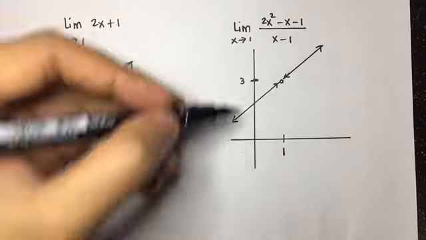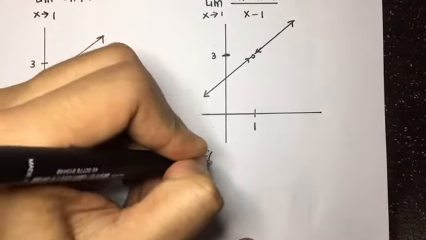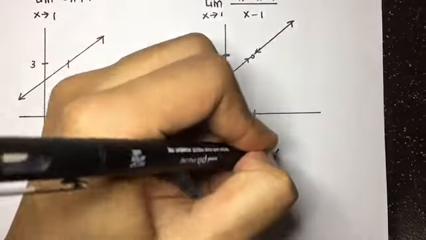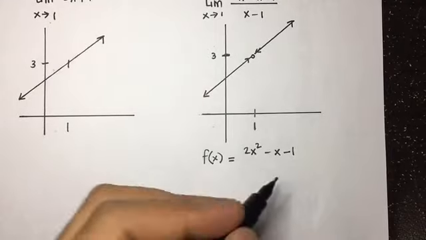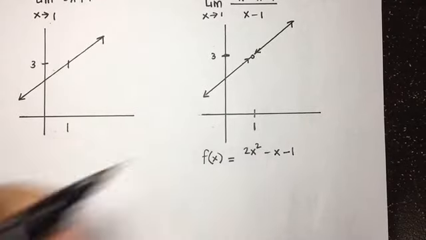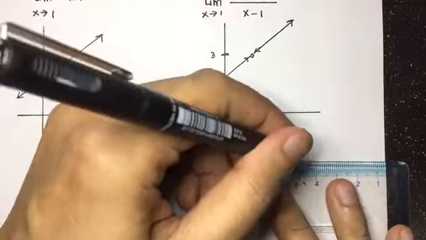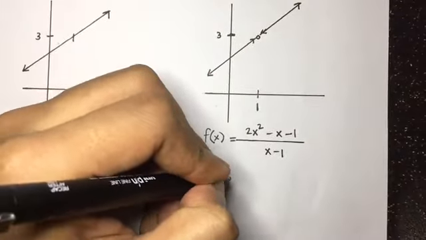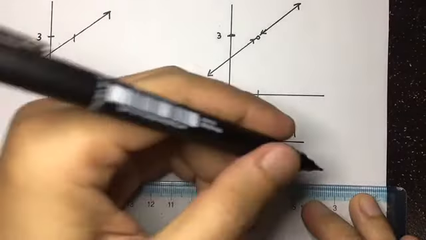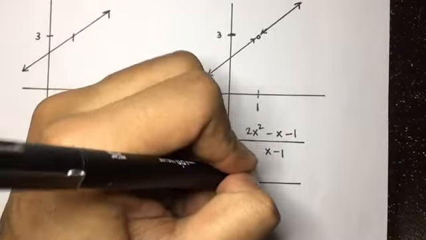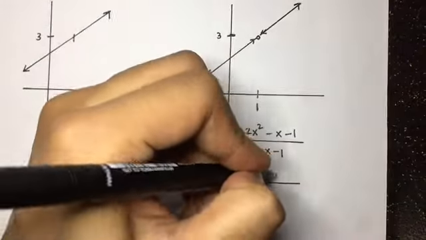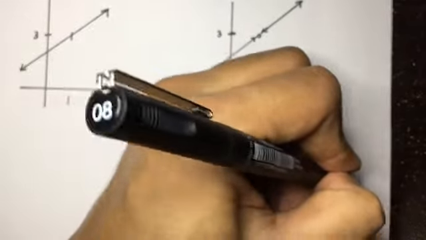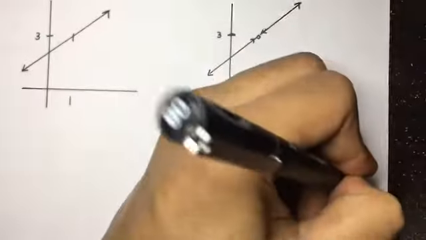If we evaluate the function f of x equal to 2x squared minus x minus 1 over x minus 1, then f of 1 becomes 2 times 1 squared minus 1 minus 1 over 1 minus 1, which is 0 over 0. So this is indeterminate.